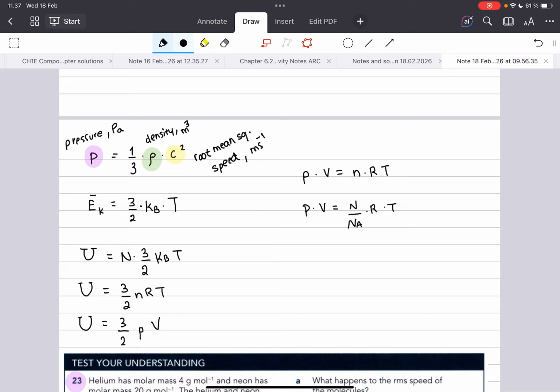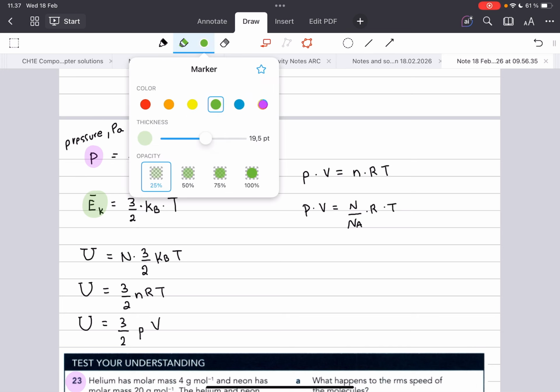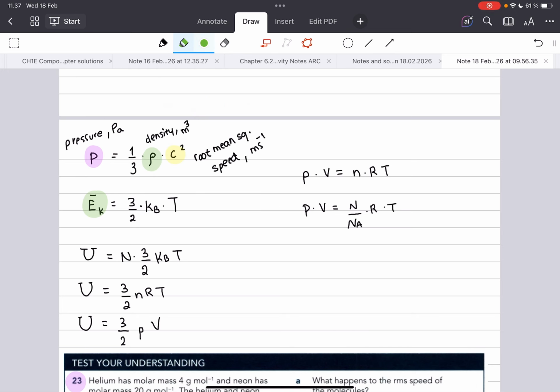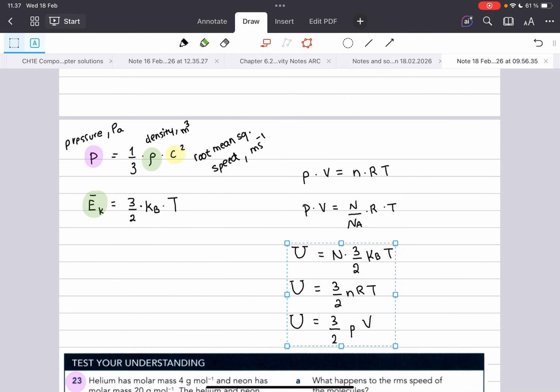Now the kinetic energy, like we have seen before, is Ek, is three halves times kB, where kB is a constant, times the temperature. You could write a half times the mass of one particle and the root mean square speed to the power of 2 is equal to 3 over 2 kBT.